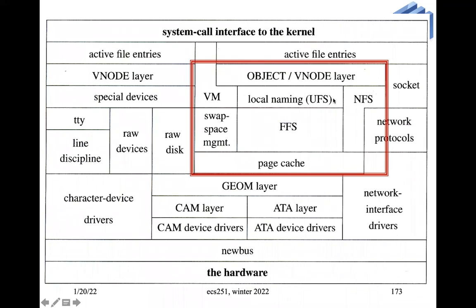And then we have what we call UFS, which is the Unix file system. This is basically handling the directory entry. So the UFS is handling directory entries and FFS is handling where the data blocks and pointer blocks are, all this business. And so far we have reached this level.